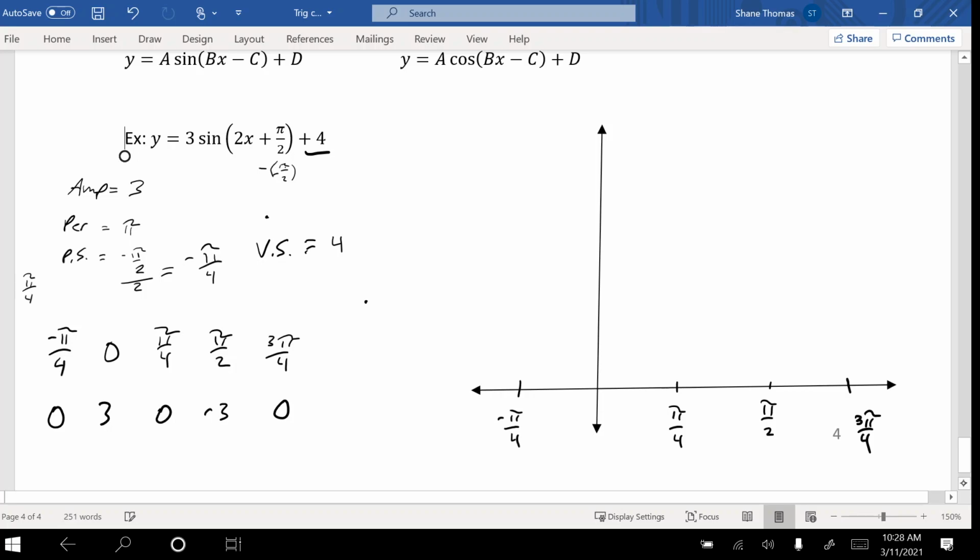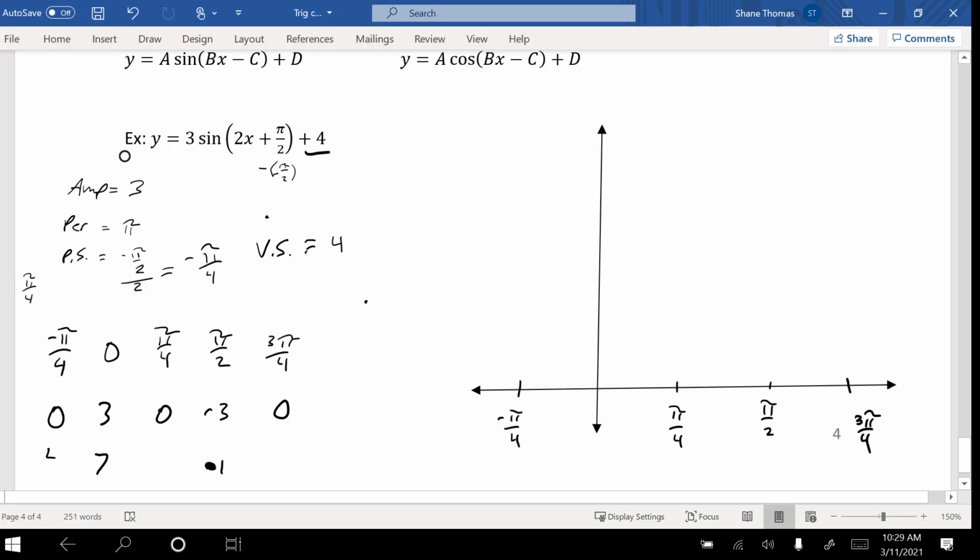Problem is, though, I shifted up 4, correct? So now, I like to go through now and do this. 4, 4, positive 1, sorry. Okay, there's my points now.